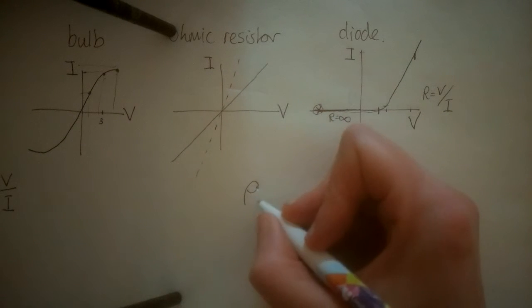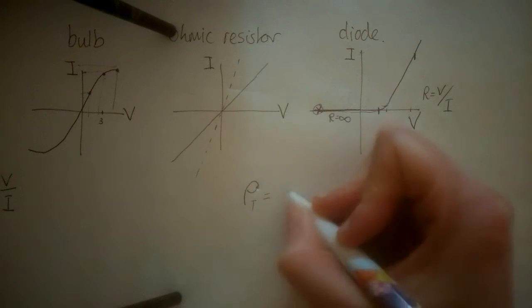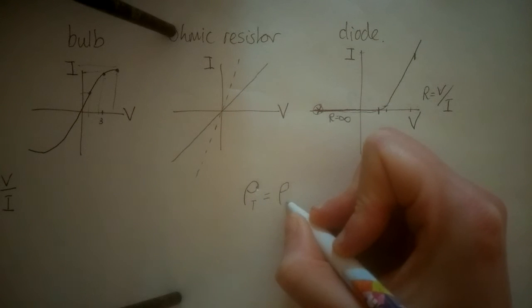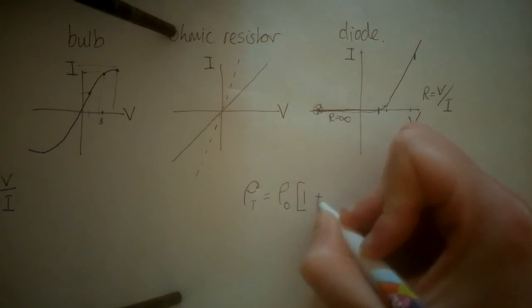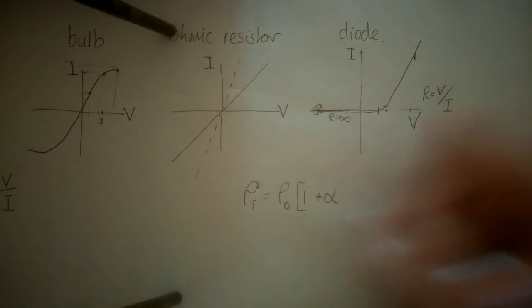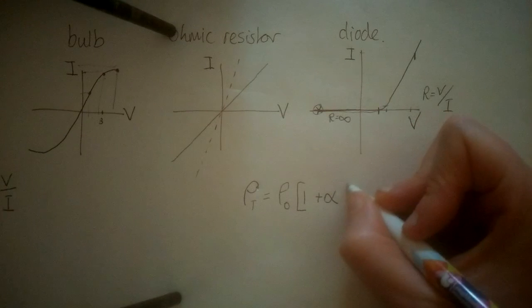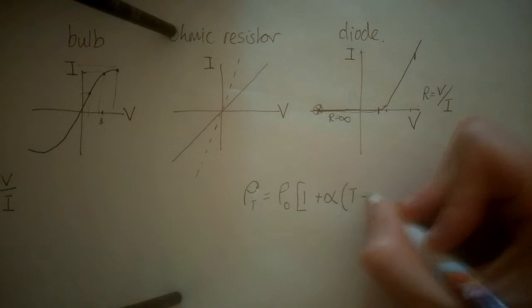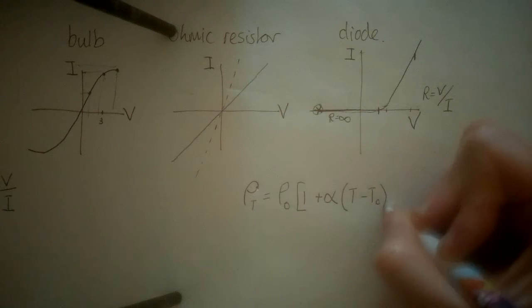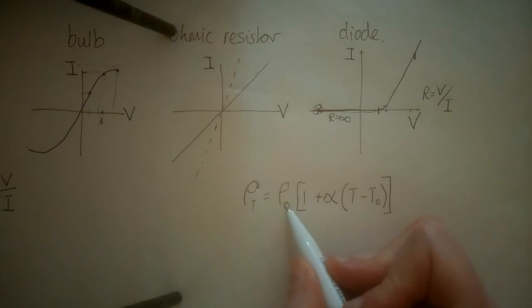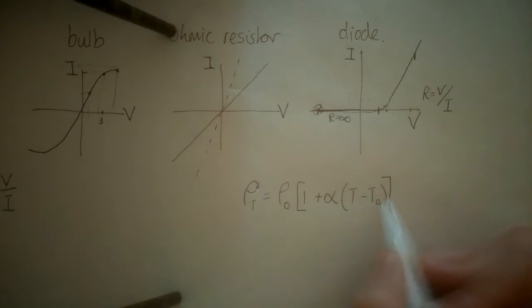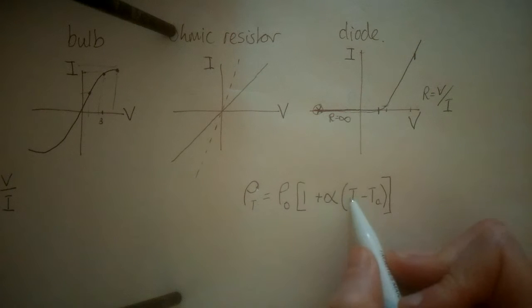And the resistivity at a particular temperature is equal to the resistivity at a known temperature, and then we've got this equation here, 1 plus alpha, which is the temperature coefficient, and then we've got T minus T0. Okay, so what that is, that's the resistivity at a known temperature. That's the resistivity at a different temperature.